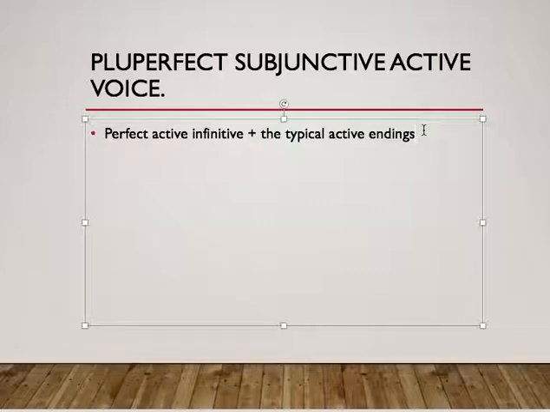What is the perfect active infinitive? Can you remember that? It can be helpful sometimes to think of a specific word. Laudo. What principal part do I always go to for the perfect active? Third principal part.